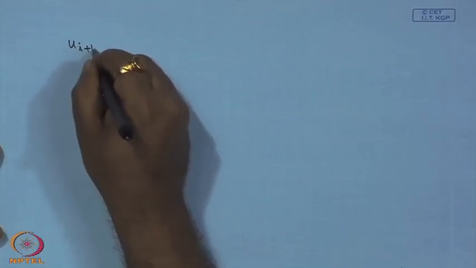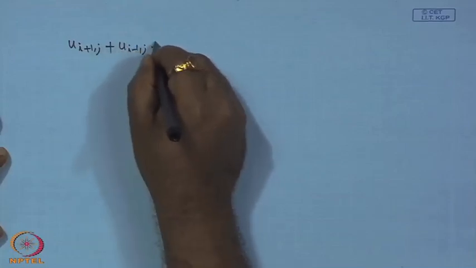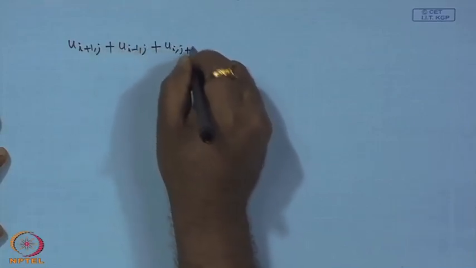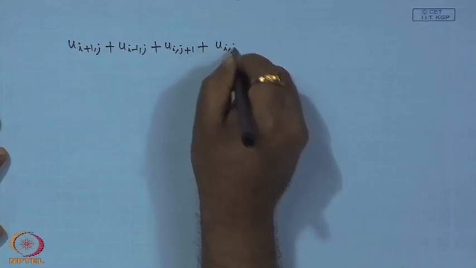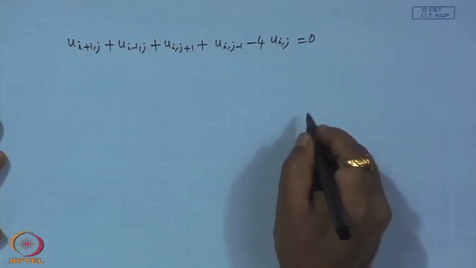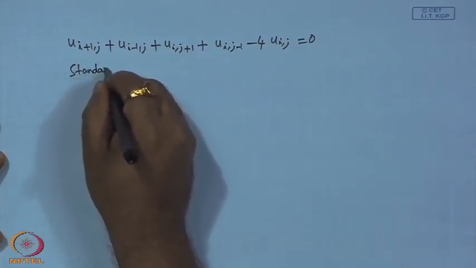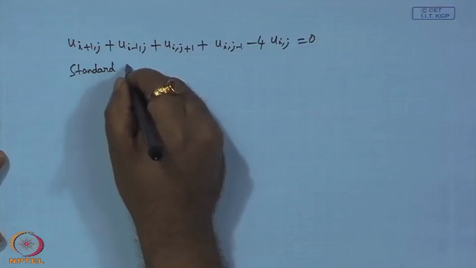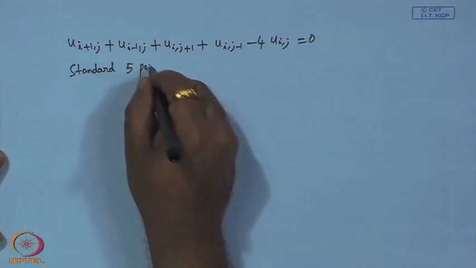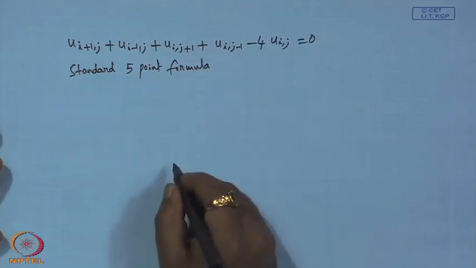and this approximation, so I have to rewrite here. Okay. So, this is called the standard five-point formula.